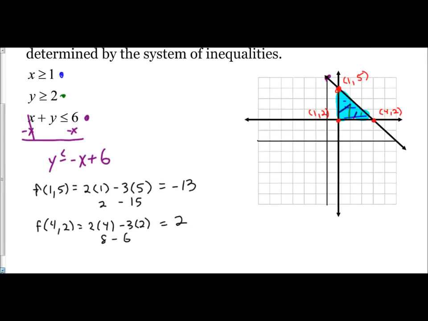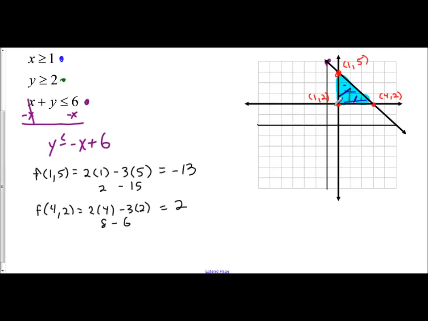Let me get some room to do my last coordinate, which is (1, 2). I have the function value at the coordinate (1, 2): twice your x, which is 1, minus 3 times your y, which is 2. So you get 2 minus 6, which is negative 4.